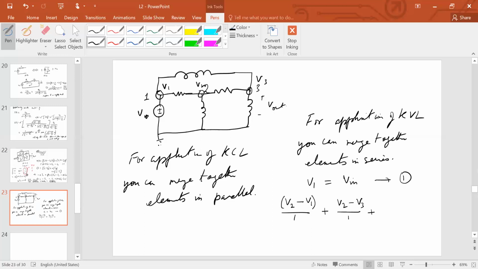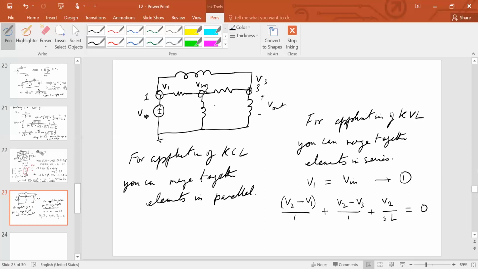Plus, what is this? We are considering this the datum, so this is 0 volts, right? Reference. Plus V2 minus 0, so I'm not writing that, upon SL. What is 1 upon SL? 1 upon SL is nothing but the admittance offered by an inductor. Yeah? So this is equal to 0.